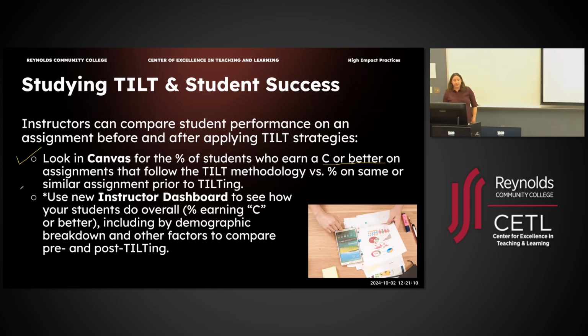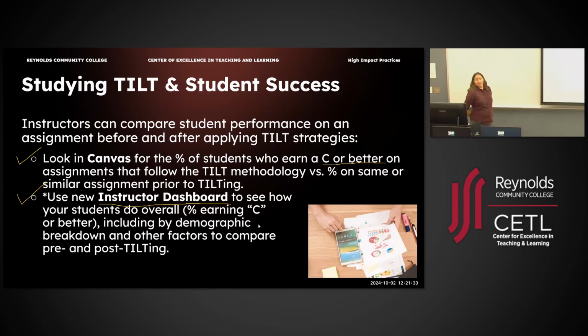Another thing to look out for, and it's not available yet, but will be available coming up either towards the end of the fall semester or early in the spring semester, is going to be a new performance dashboard. This is going to be an instructor dashboard, which is going to allow faculty to look up your own student data.